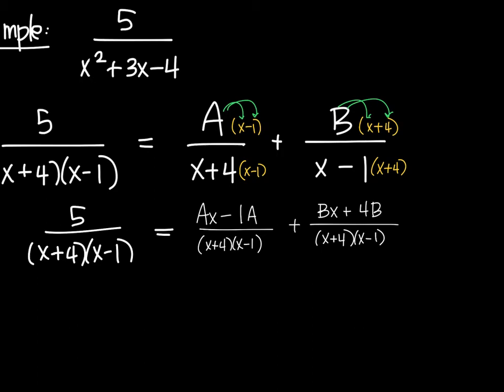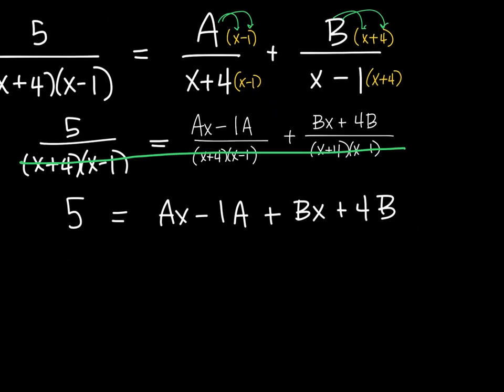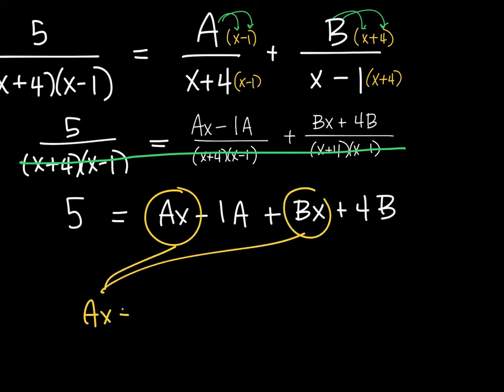So what do I get to do when I've achieved common denominators? Cross all the denominators out and only work with the top. So 5 equals Ax minus 1A plus Bx plus 4B. Then I had you circle everything that has an x in it. Everything that has an x in it, Ax and Bx, so those are going to come over here together, Ax and Bx.